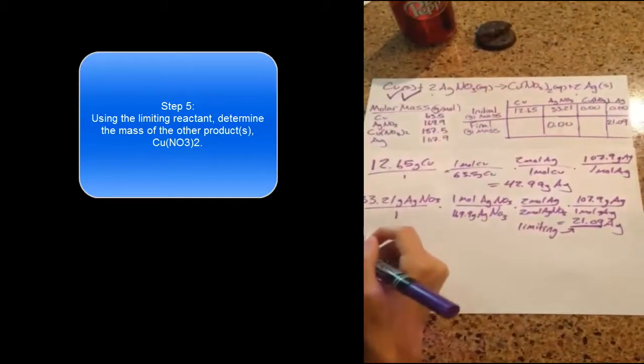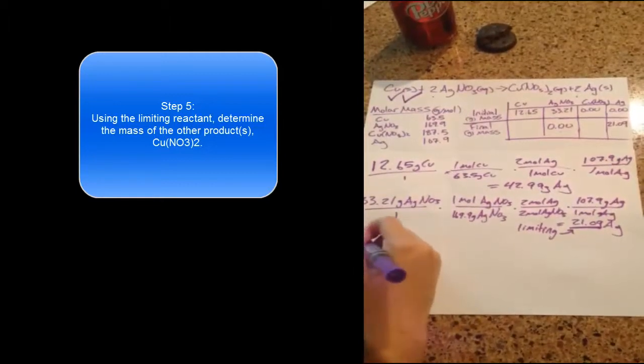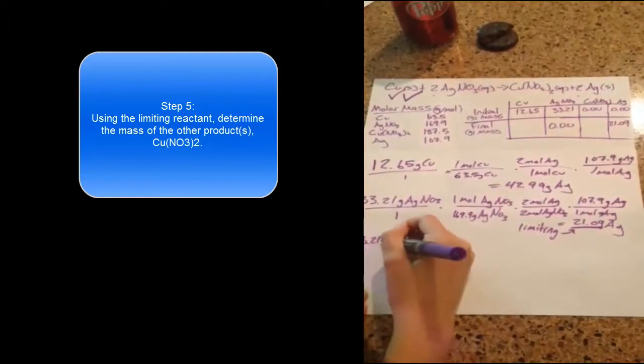Now that silver nitrate has been identified as the limiting reactant, you must now calculate the amount of copper 2 nitrate it yields as well.